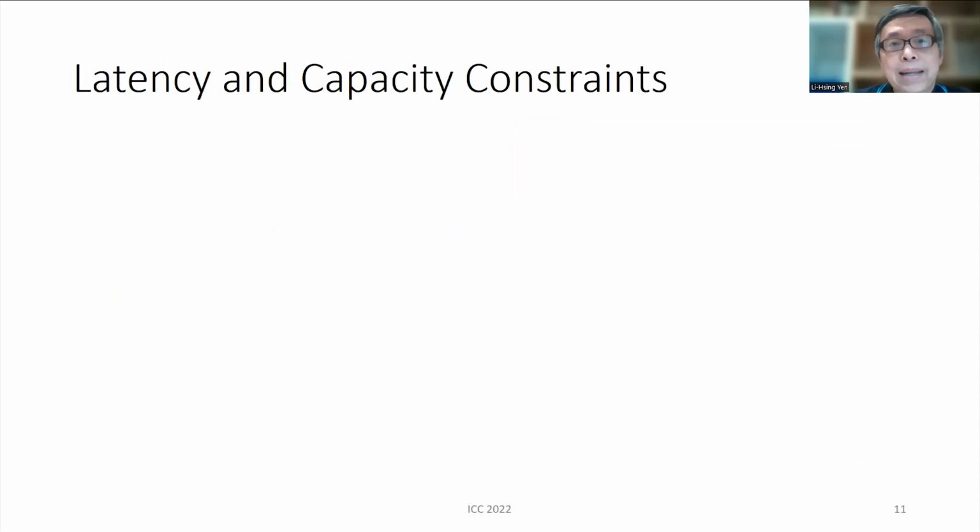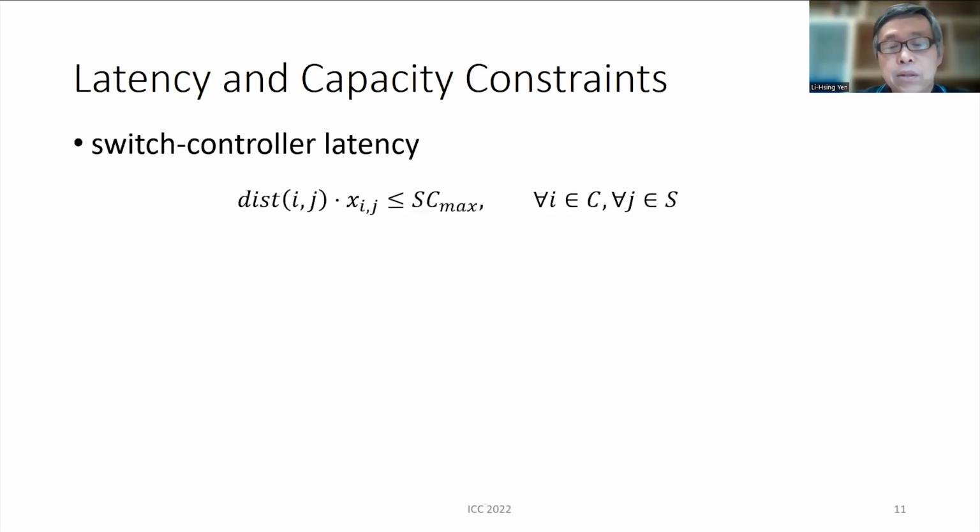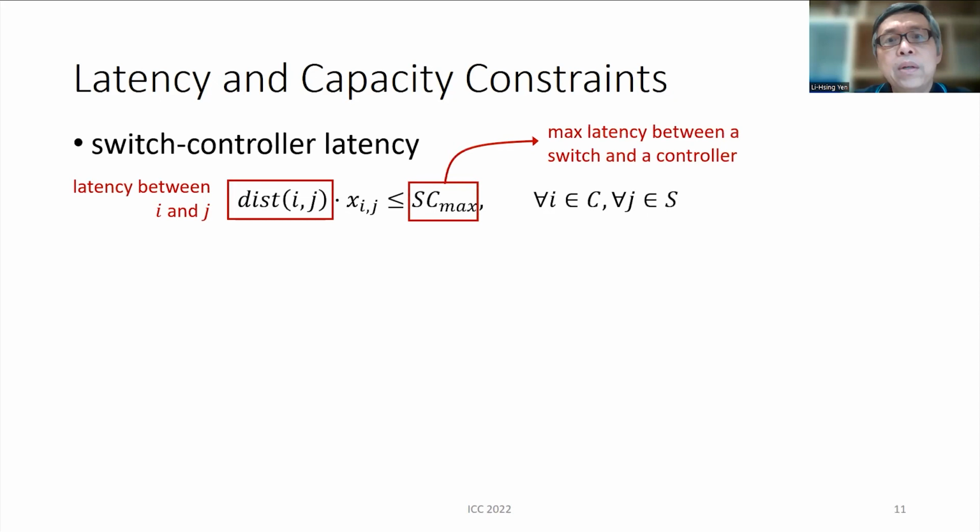More constraints about latency and capacity. We have the switch-controller latency. This is to say, if controller i manages switch j, then the in-between latency should not exceed a preset threshold.